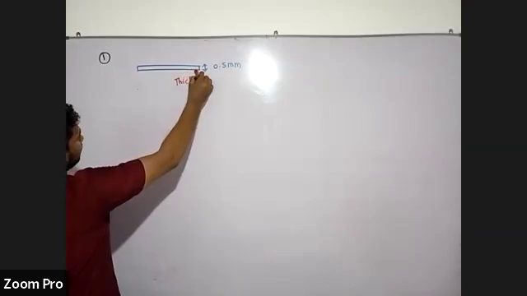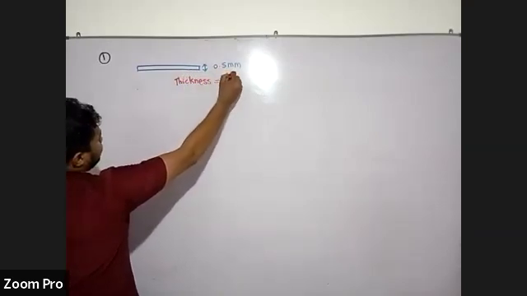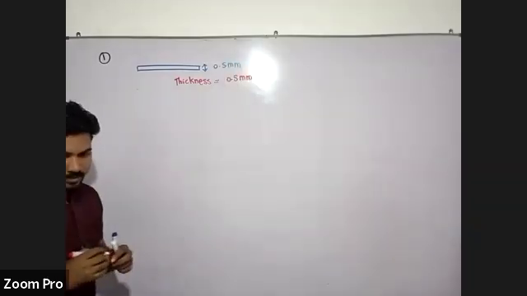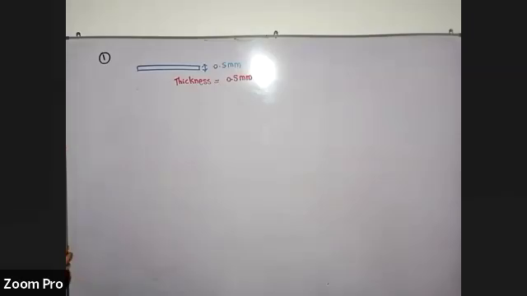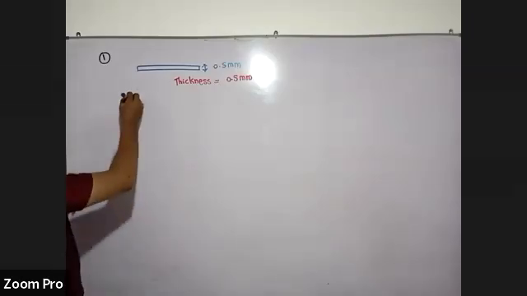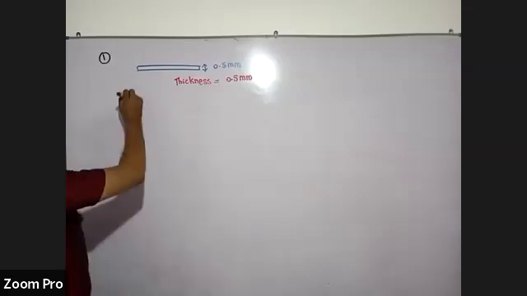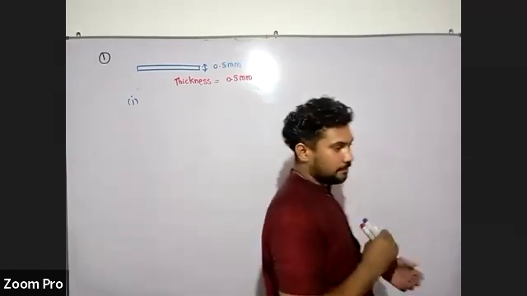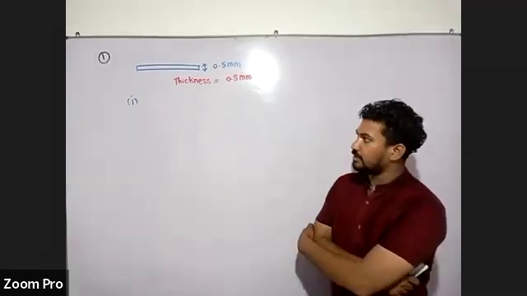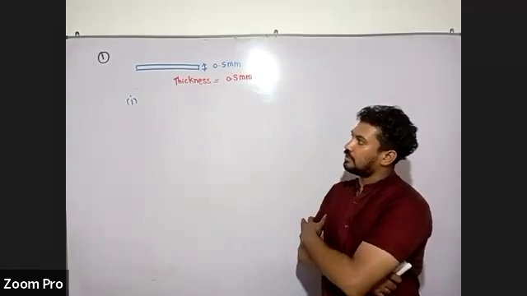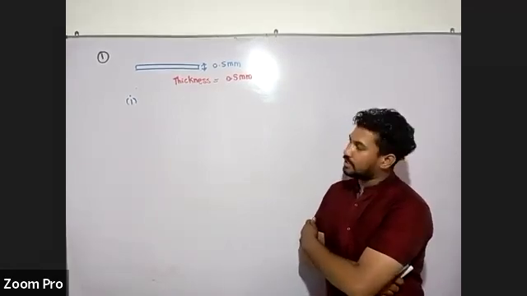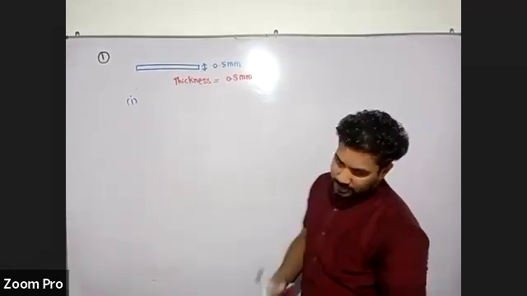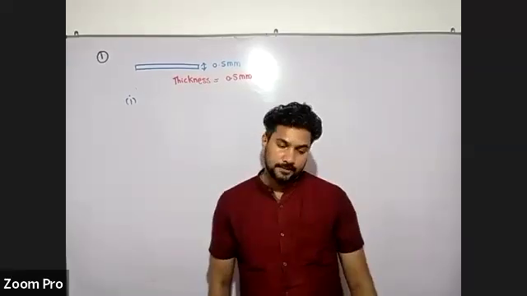The thickness of this cardboard sheet is equal to 0.5 millimeters. First one, Roman number 1. Find the percentage error of the above measurement.